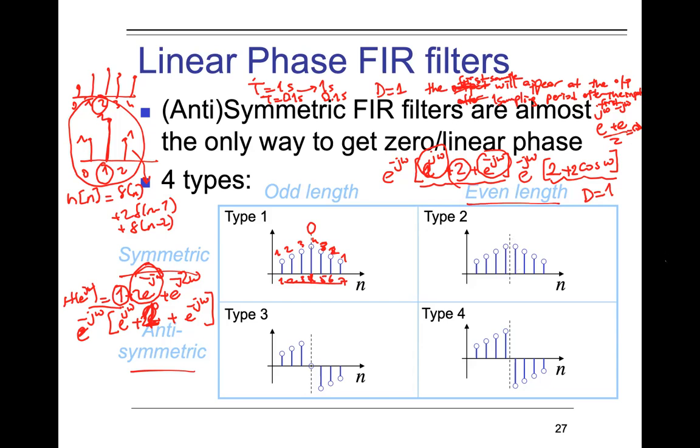Look: 1, 2, 3, 4, 5, 6, 7, 8. Let zeros be here and here. So what is my middle point? 4.5. 4.5 times the sampling period will be my delay amount in seconds.